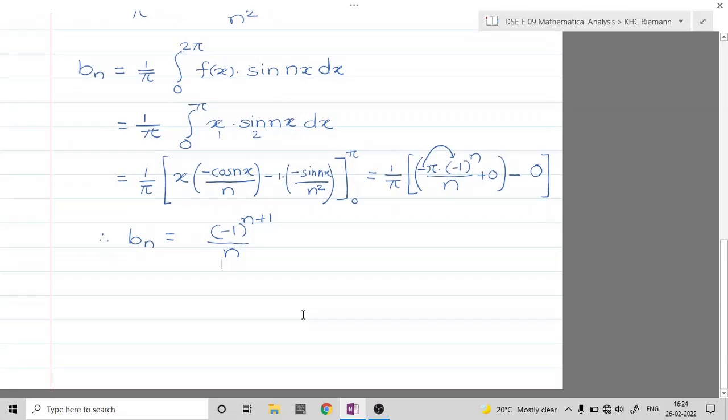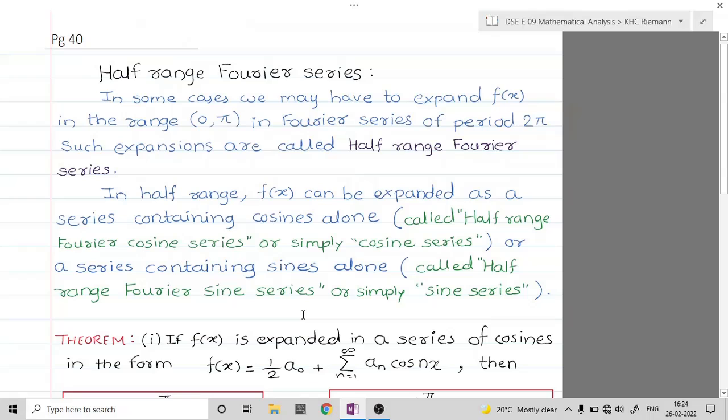Now I think this type of examples are sufficient. We go to almost the last part of this unit or topic, called half range Fourier series. Sometimes, in the part up to now, we assume that the function has period 2 pi.